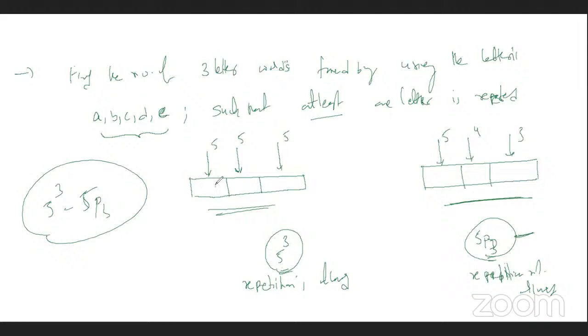And we may get AAA, AAB, ABC, ABB. What we are subtracting are these cases. Is it right? Yes, sir. So these cases we are counting. How many such cases are we having? 5 cube minus 5P3.